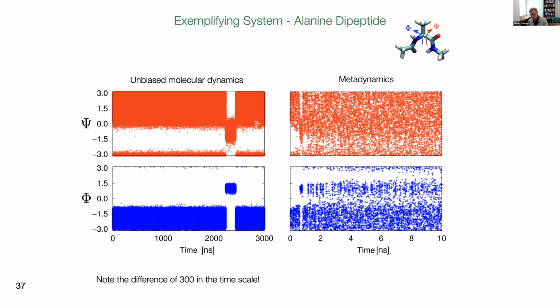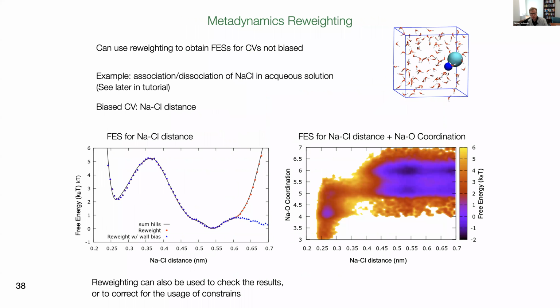So this is an example where meta-dynamics is very efficiently enhancing the fluctuations and the sampling of the system. As I said, with reweighting we can obtain the free energy surface for the CVs that are biased, but we can also use it to obtain the free energy surface for CVs that are not biased.